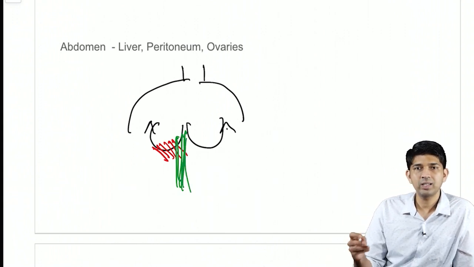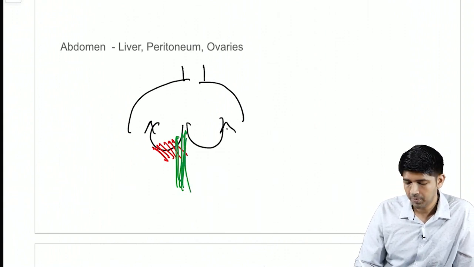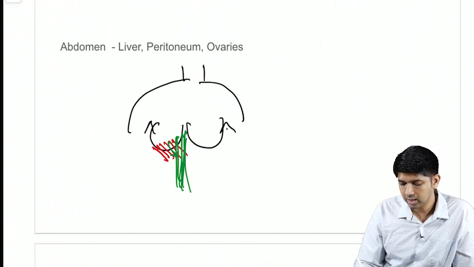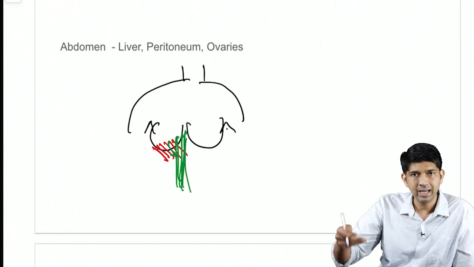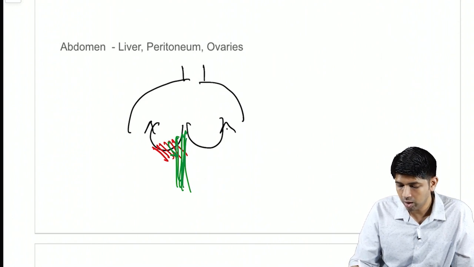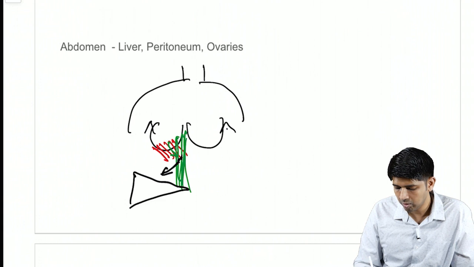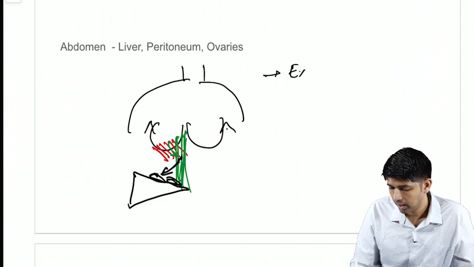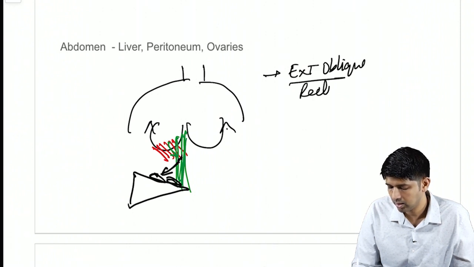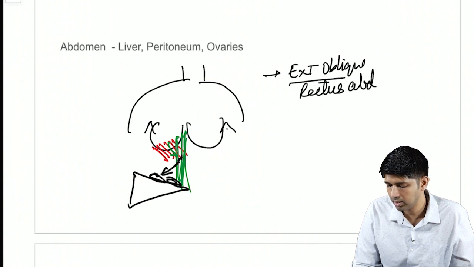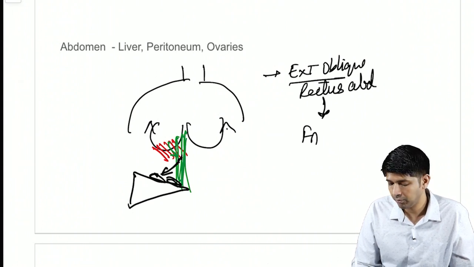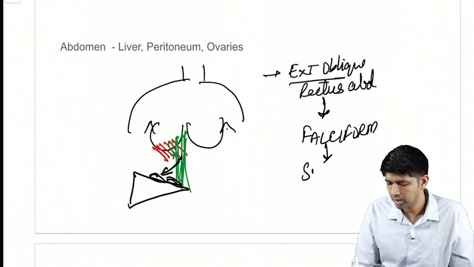There are certain lymphatics of the breast which drain along this external oblique and the rectus abdominis. Then they go on to the falciform ligament and finally on to the liver. So you're going to have external oblique and rectus lymphatics along the rectus abdominis, then they go on to the falciform ligament inside and then on to the surface of the liver.